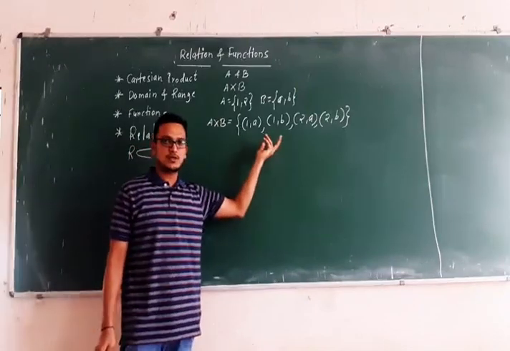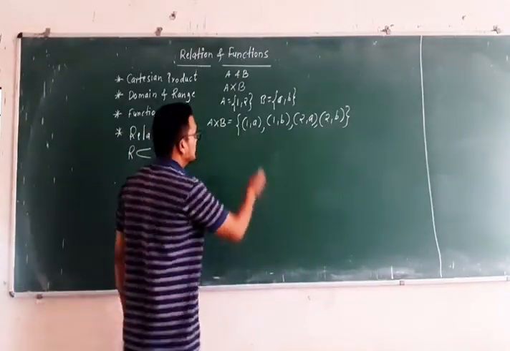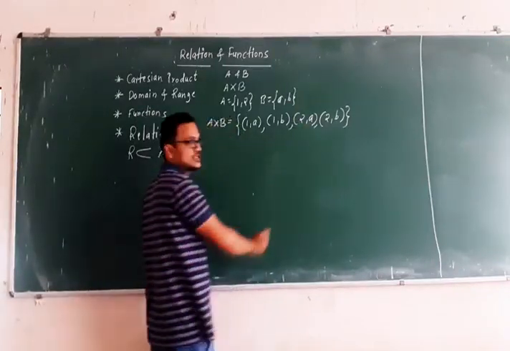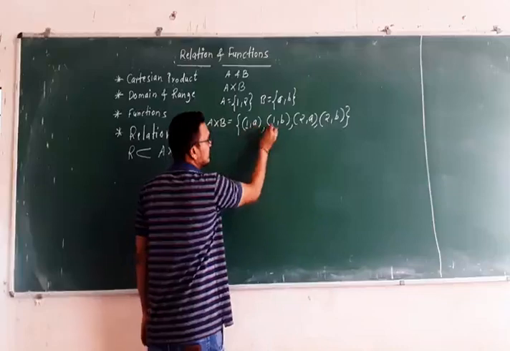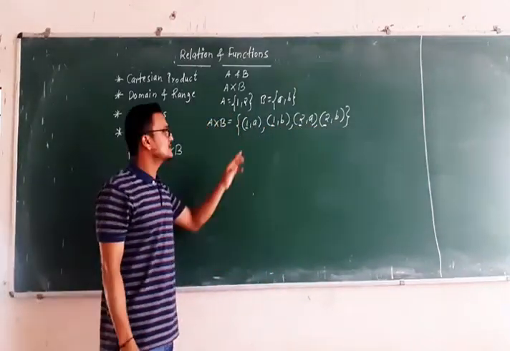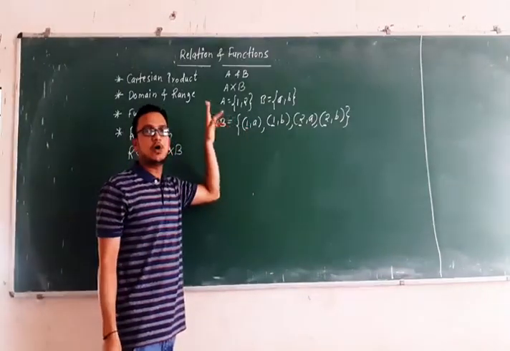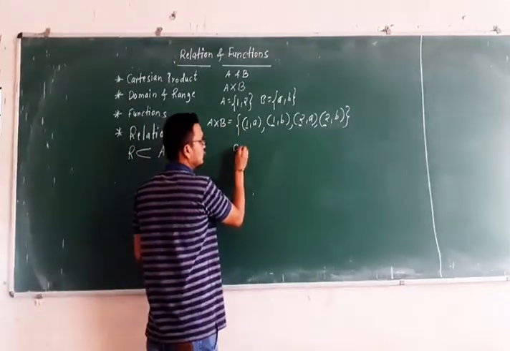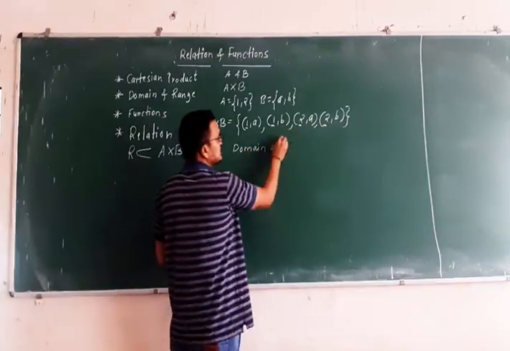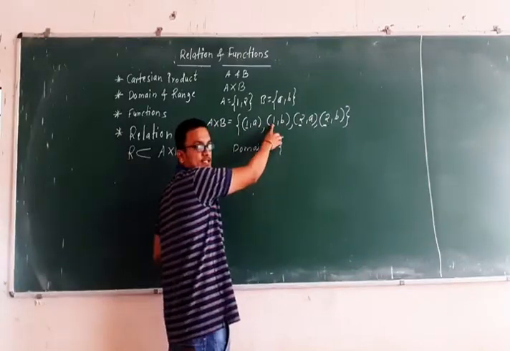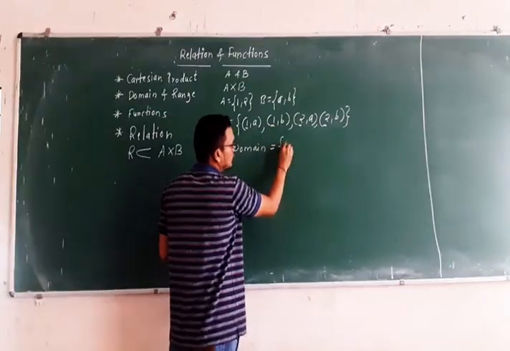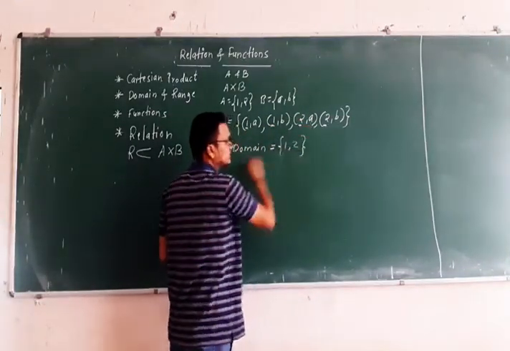Suppose you have ordered pairs in the relation, then every first element present in the ordered pair is called the domain. Now what is the domain here? 1 is repeated twice, so a repeated number you take only once. Therefore the domain is 1 and 2.